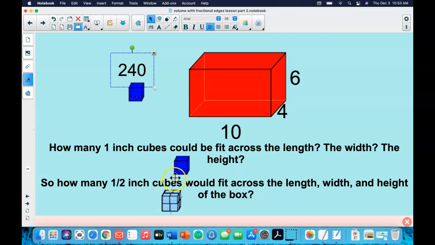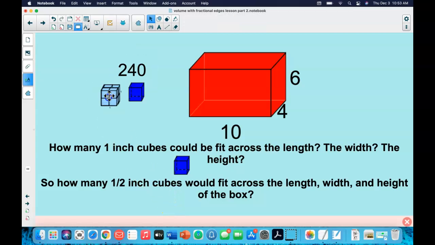Now remember, for every unit cube, it takes 8 of the half-inch cubes, or the half-unit cubes. So if it takes 240 of the 1-inch cubes, how many of the half-inch cubes would it take? Now remember, there's 8 half-inch cubes in every 1-inch cube.